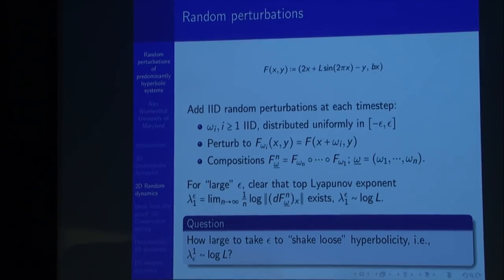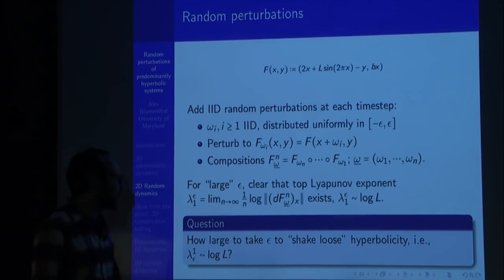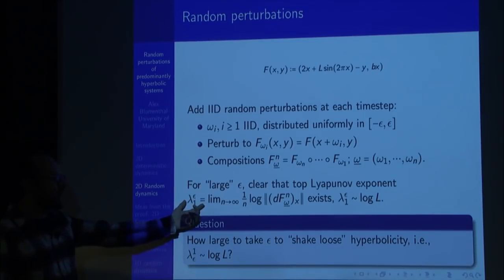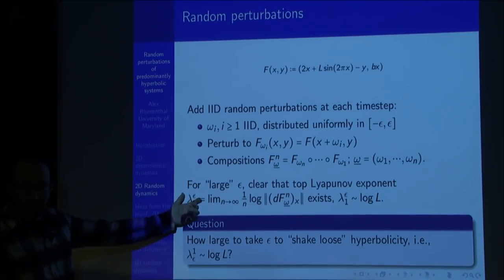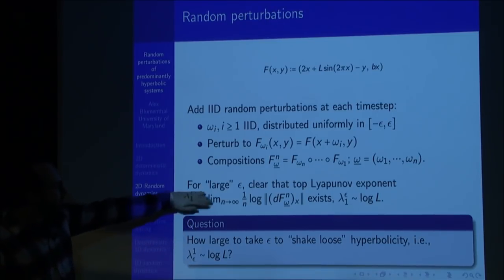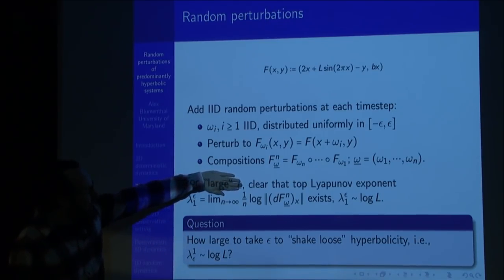So when I totally blast this system with noise, as Tom Spencer observed, not only does this limit exist with probability 1, but you actually expect it to be constant over the x with probability 1. That's not so hard. That's actually not even so interesting. If you don't know how to do it, I can tell you after, fine. But these numbers should exist for all epsilon, okay?